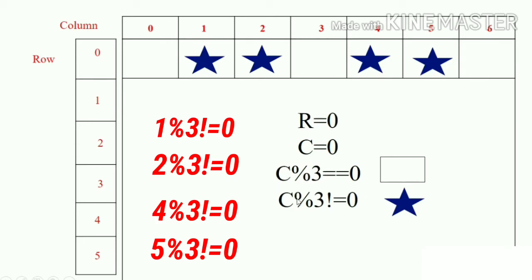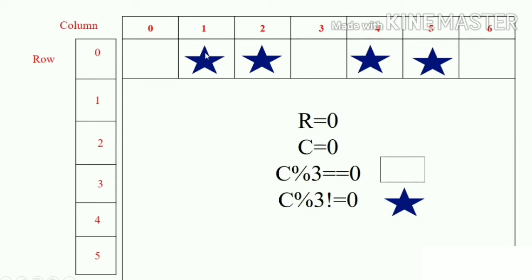In other places, where column mod 3 is not equal to 0, we have to print the star. That means we print in the places 1, 2, 4 and 5.